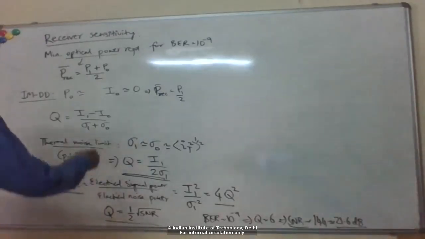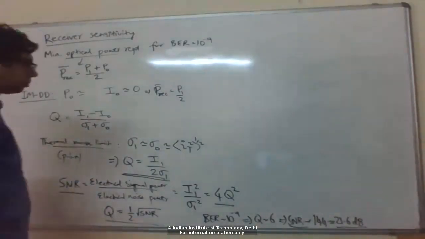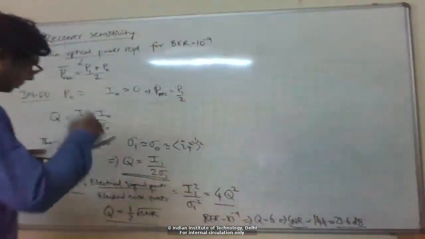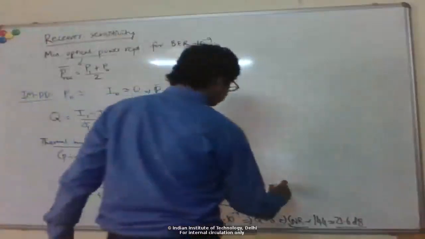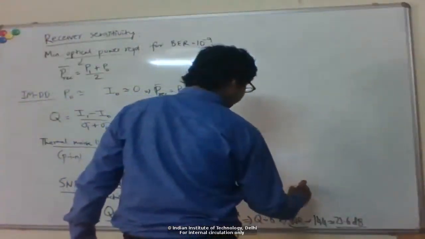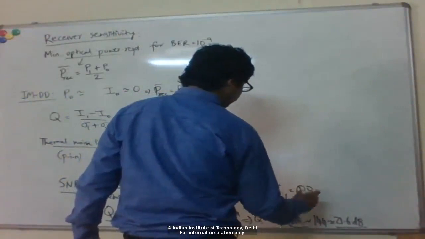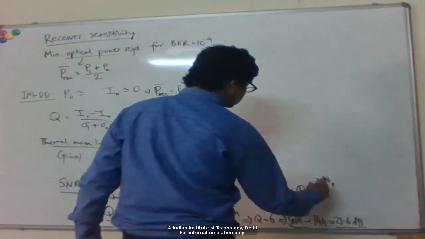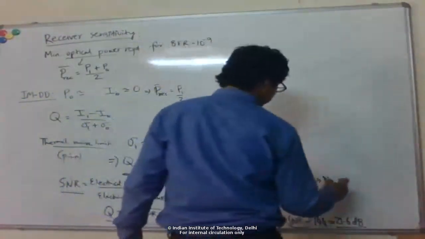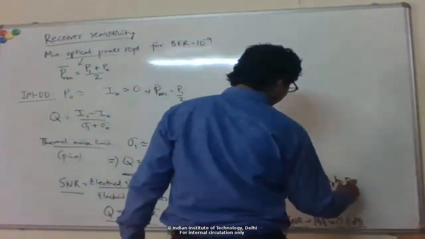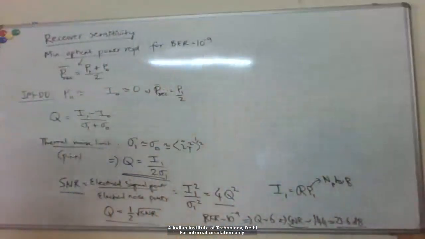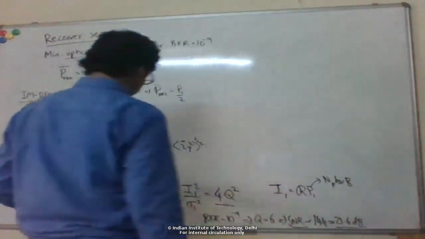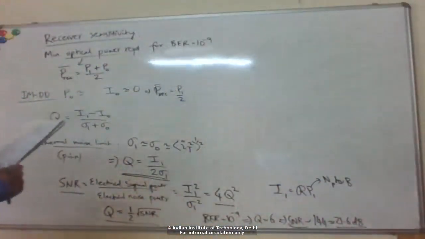We can also characterize this by the number of photons required per bit. Recall this I1 is responsivity times power, and this power is the number of photons in the bit times photon energy times bit rate. So we can relate this to the number of photons per bit required.